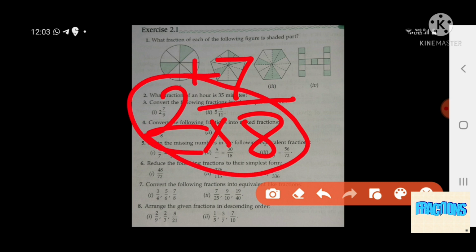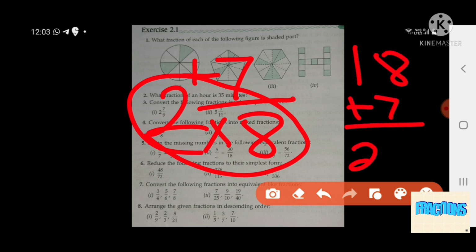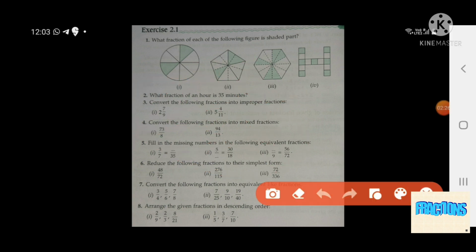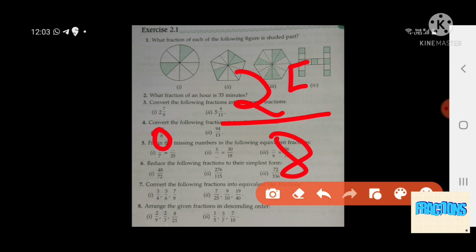So if we multiply this, the answer will be 18, and 18 plus 7 equals 25. So we have to write it.